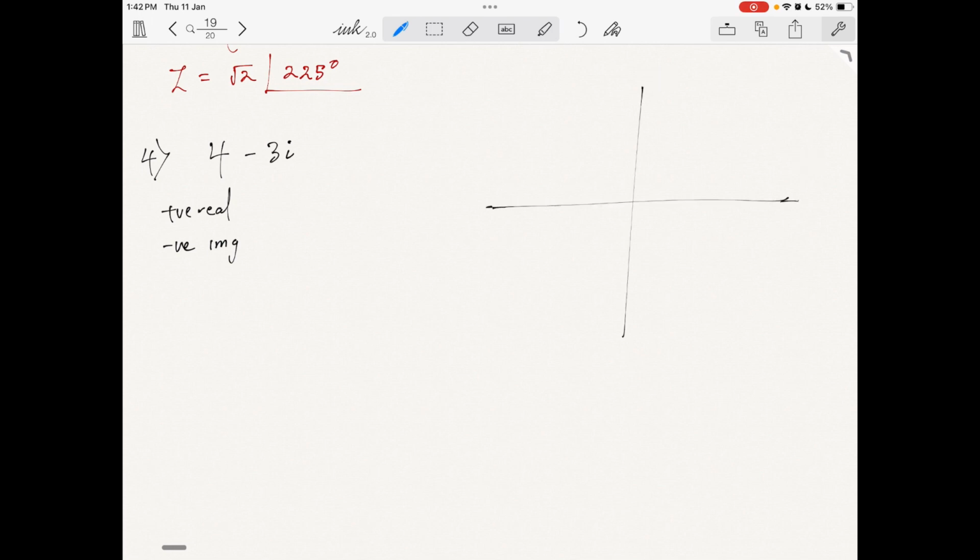The Argand diagram shows that we have positive real of 4 and negative imaginary of minus 3. So when they come together, we have this, knowing that the distance between here and the positive real axis is 4, and the distance along the negative imaginary is 3.